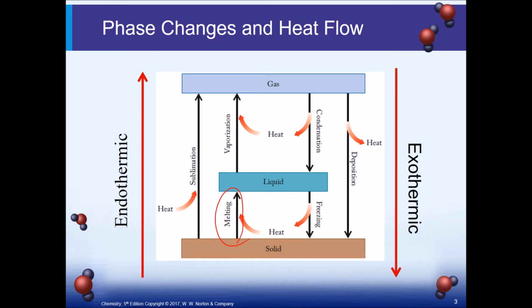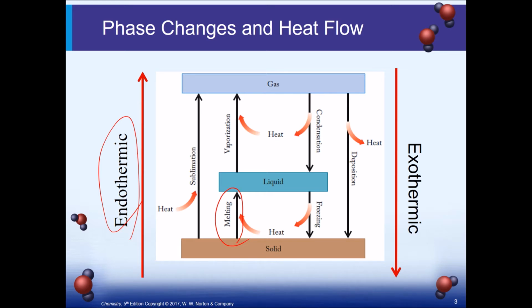So we would term this an endothermic process, meaning that we have to add energy into the system to break up those interactions. Now, it's important to recognize that even though we're putting energy into the system, that's not increasing the temperature. That is simply going into causing the phase of the material to change from a solid into a liquid.